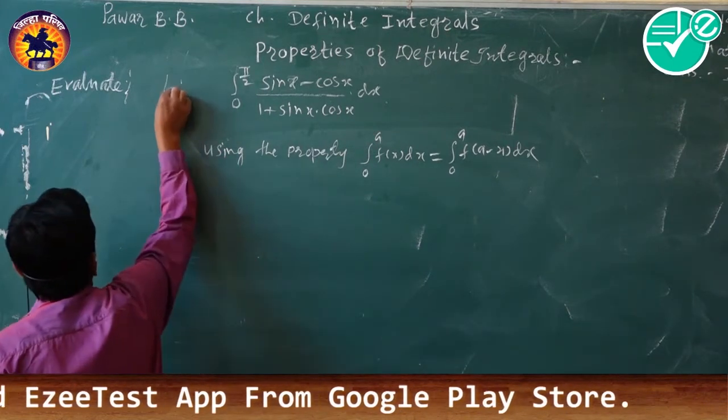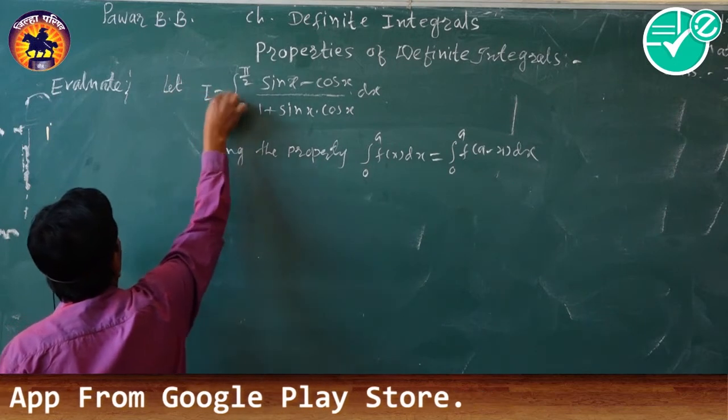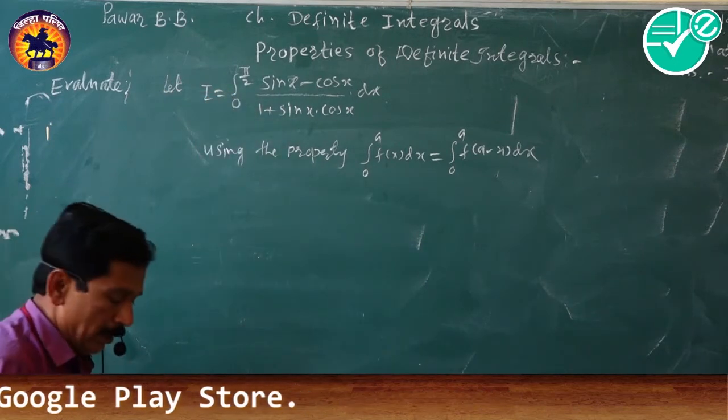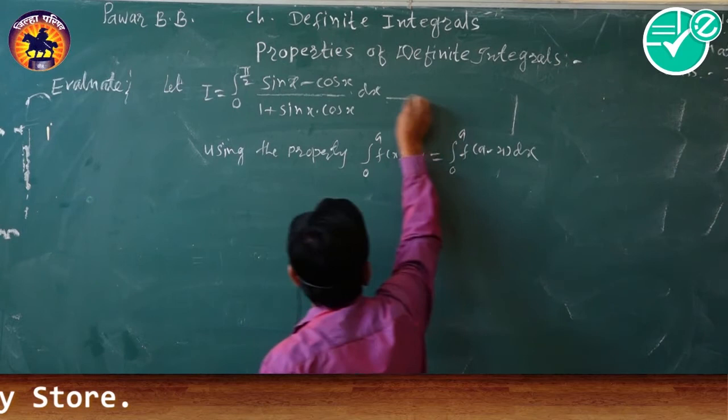Let I is equal to this. We can write this as equation 1.